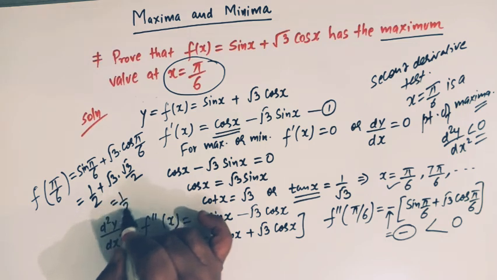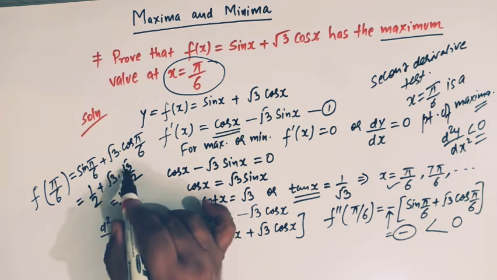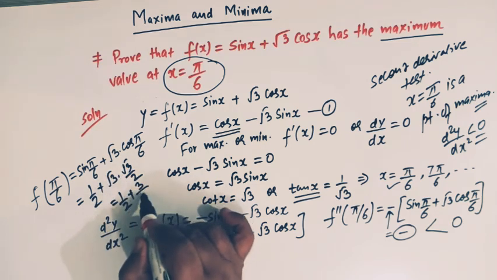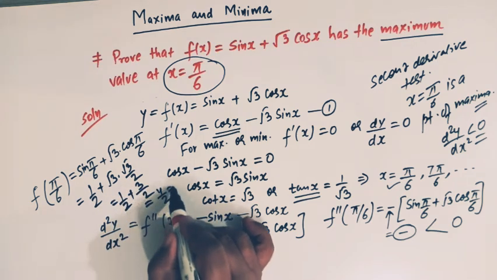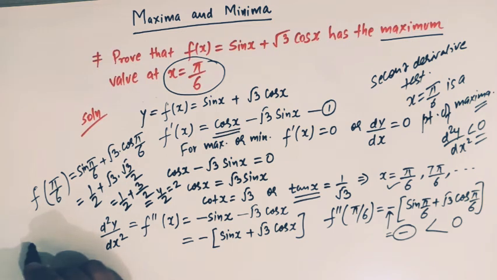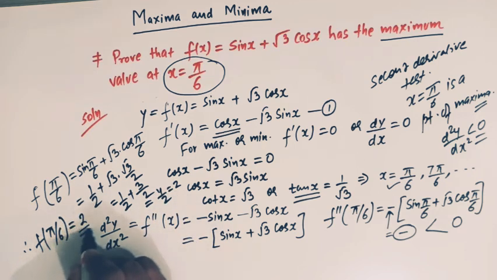So we have half plus root 3 times root 3 by 2, which is 3 over 2, and this is 4 by 2, that is equal to 2. So therefore f of pi by 6 is equal to 2. So this is the maximum value of the function, right?